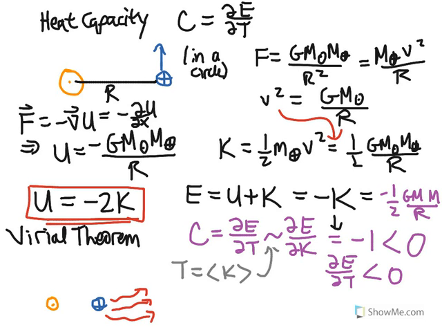It turns out that because of the gravity, if your total energy, here, let me write this in red because it's really, really important. And red's awesome. So if your energy goes down, then your temperature, and therefore your kinetic energy, goes up. And this is totally weird.